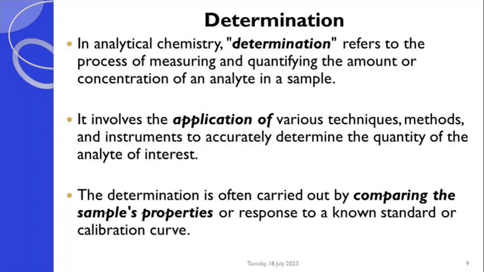The next term that we are going to look at is determination, to determine. Now, in analytical chemistry, when we say to determine or determination, we are looking at all processes of measuring and then quantifying the amount or concentration of the species that we are interested in a sample.